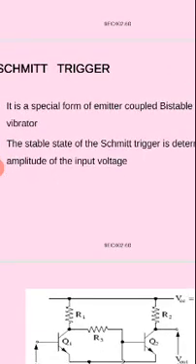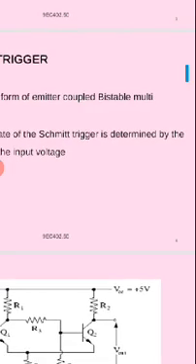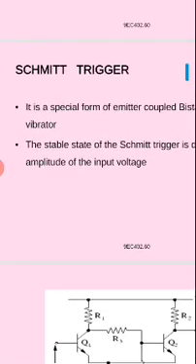The stable state of Schmitt trigger is determined by the amplitude of the input voltage.